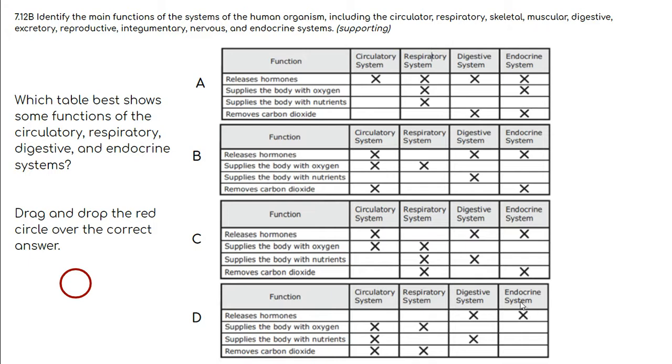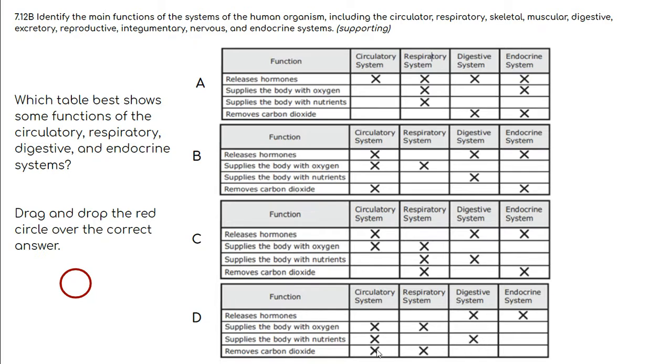Releases hormones, yes, that's your endocrine system, and your digestive also releases some hormones. Supplies body with oxygen. That is your respiratory because you're breathing, and your circulatory system carries that oxygen to all cells of your body. Supplies the body with nutrients.